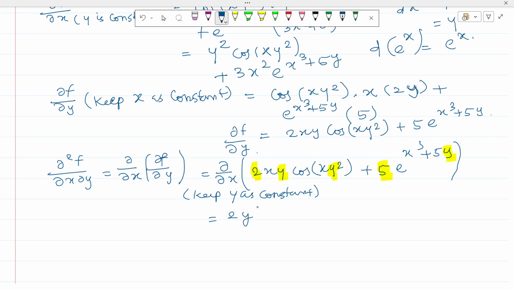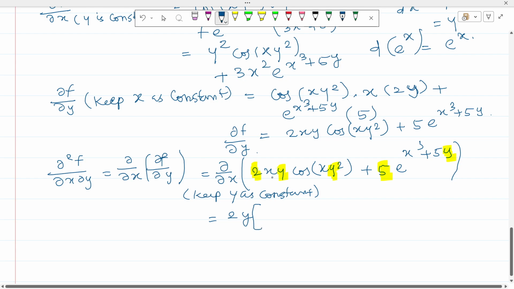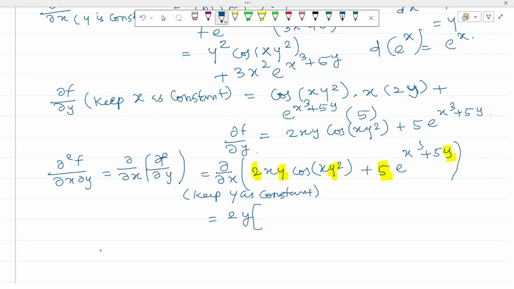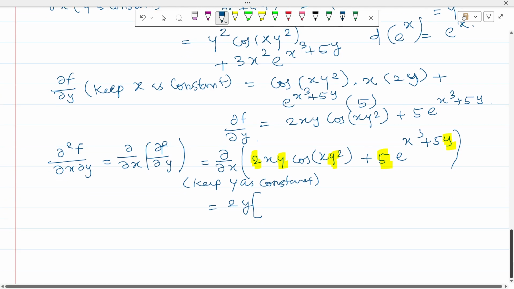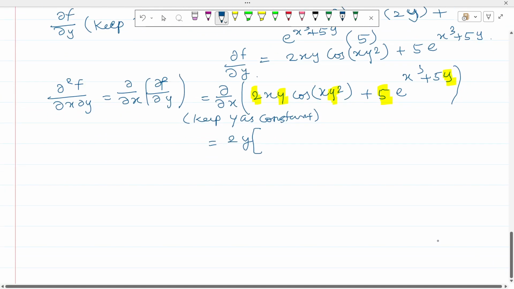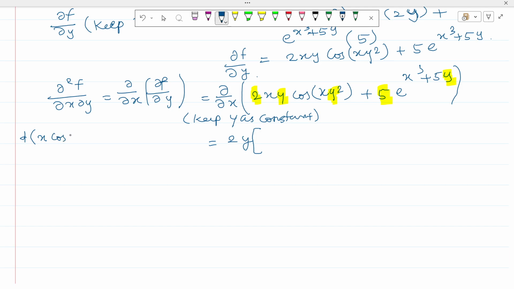Keep that constant value, then the remaining x and cos xy square. What is the differentiation of x cos xy square?